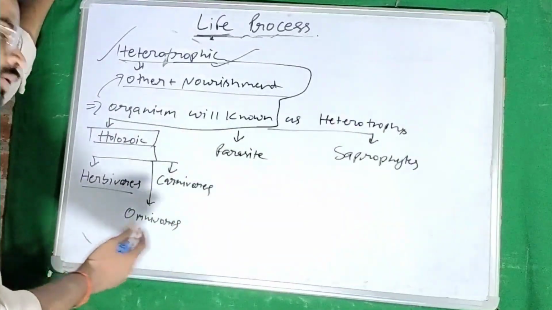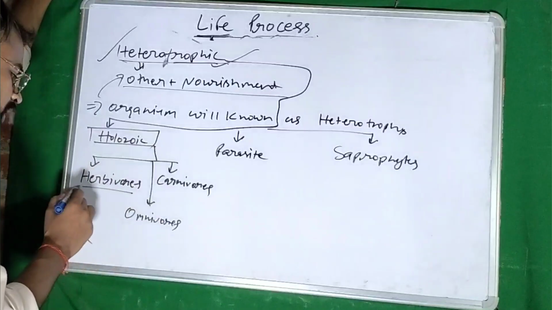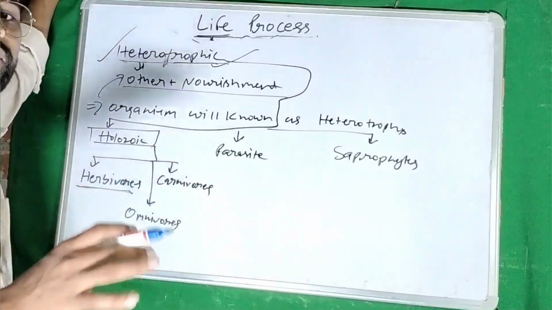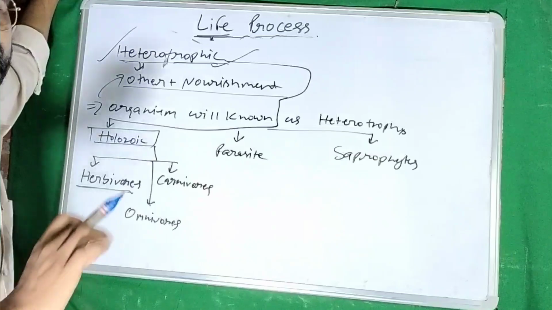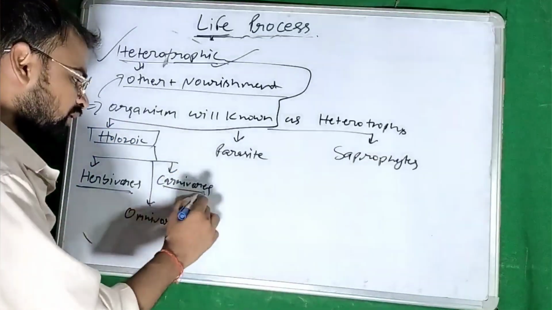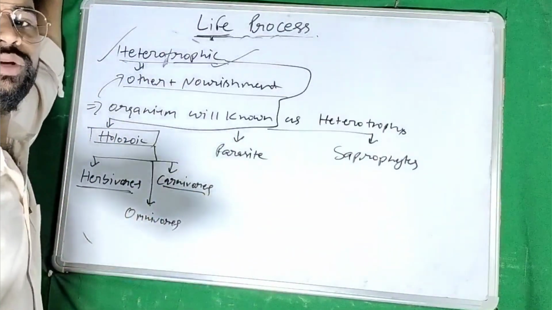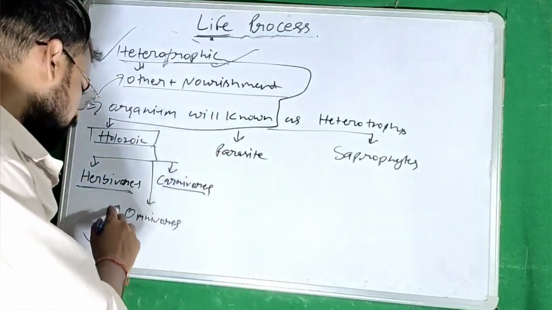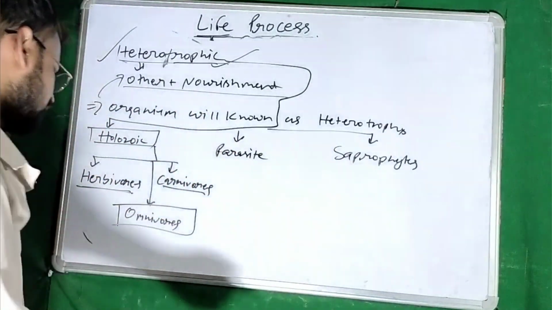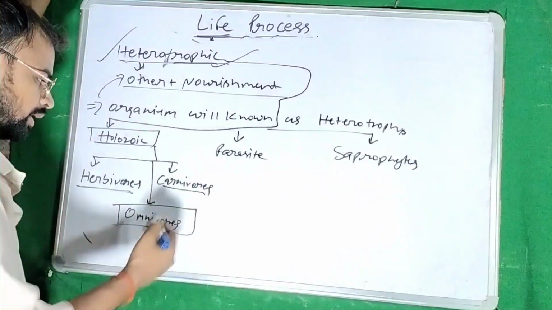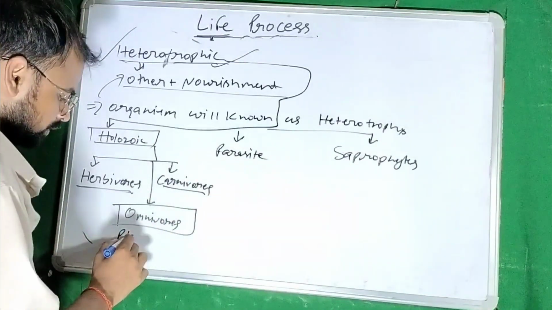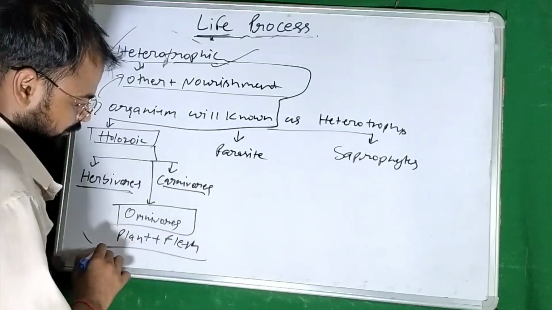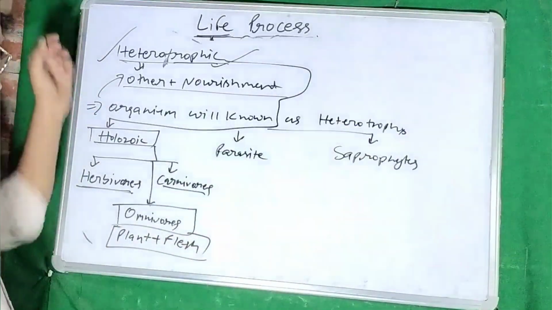I hope you all know about herbivores, carnivores, omnivores. Herbivores are organisms that feed only on plants and plant products. Carnivores are organisms that feed on the flesh of other organisms. Omnivores eat both plants and flesh, plant plus flesh.